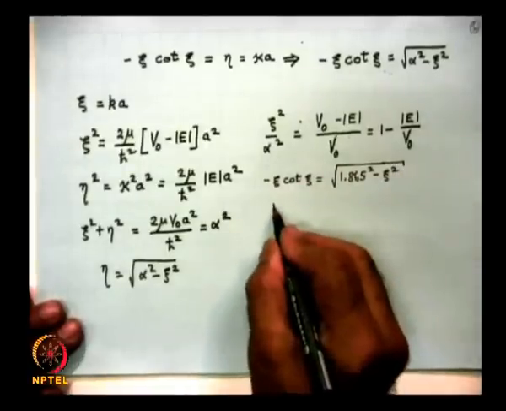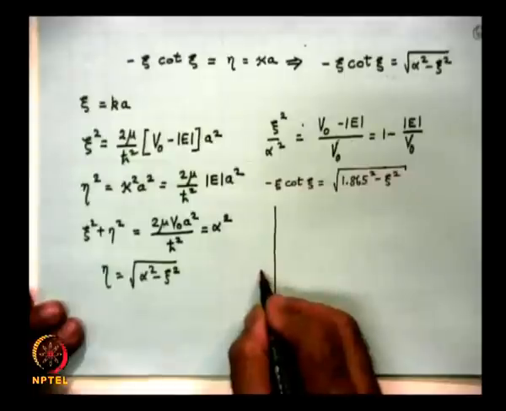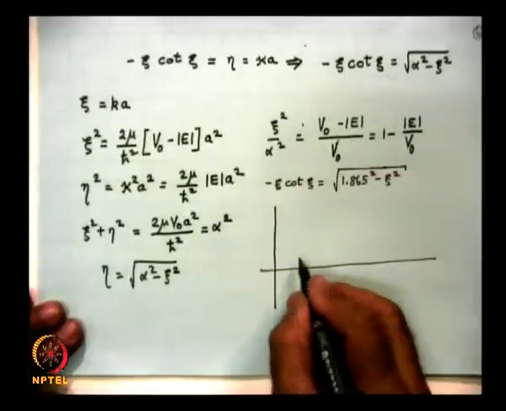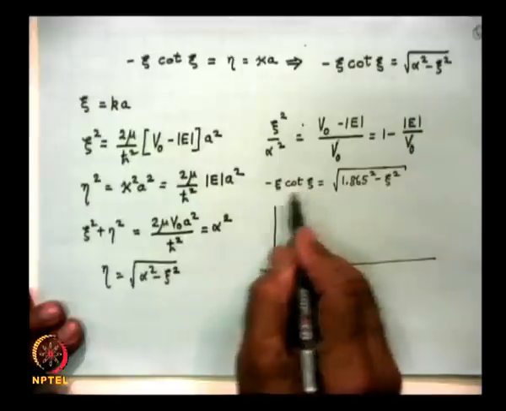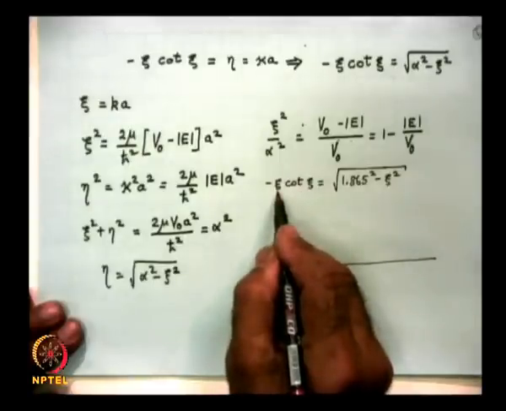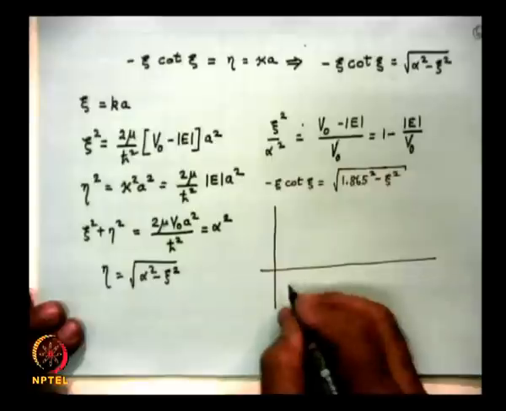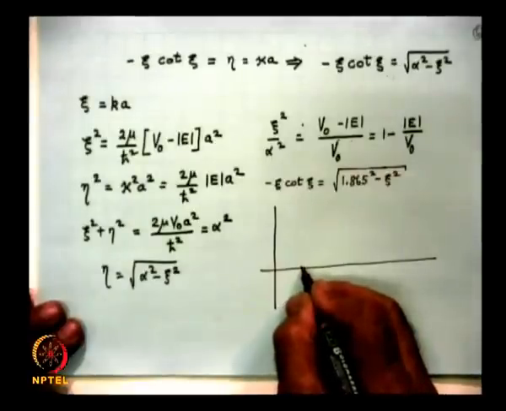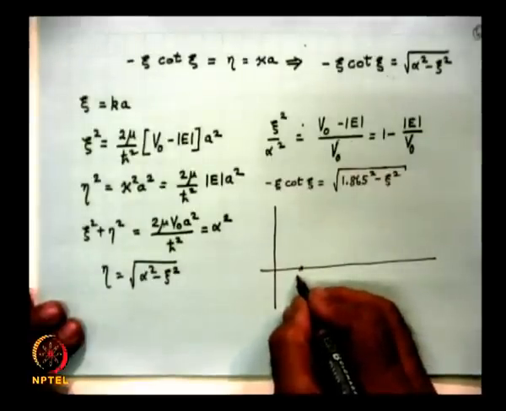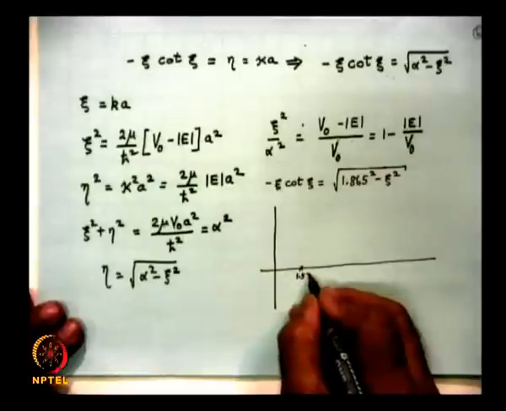So, I plot, as we had done, at xi equal to 0, this goes to infinity, this goes to 0. So, the product tends to a finite number, and the first 0 occurs at pi by 2. Pi by 2 is about 1.57.